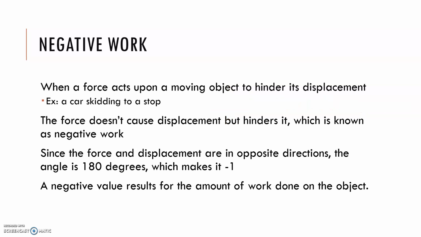Negative work is when something is slowing down an object. The force doesn't cause the displacement, but it hinders it. Again, 180 degrees would be -1 when you do the cosine, and that value just turns into a negative, representing negative work.